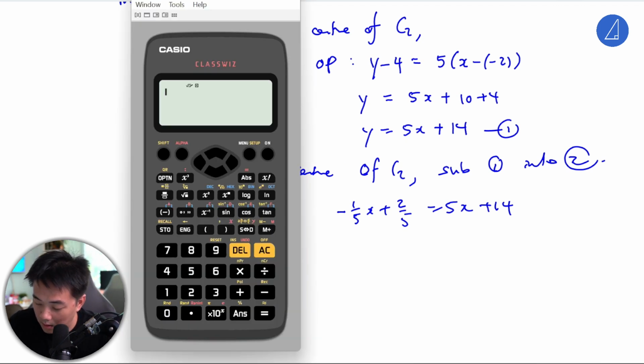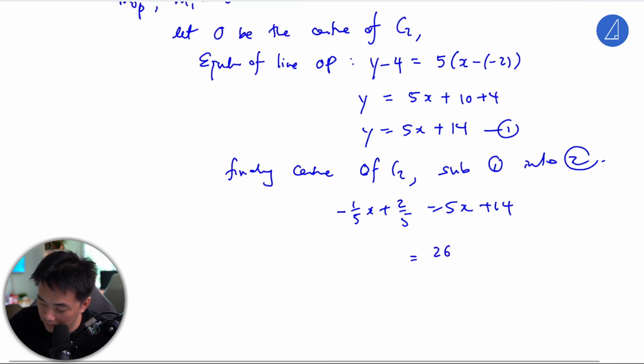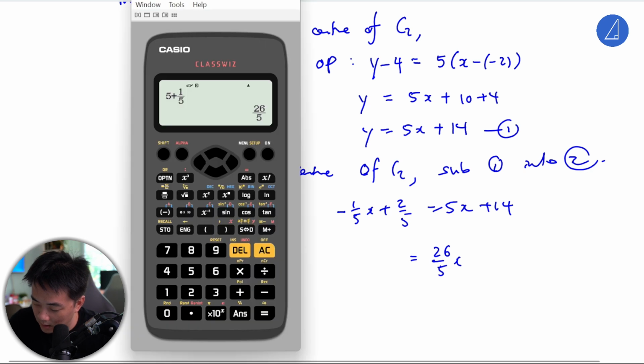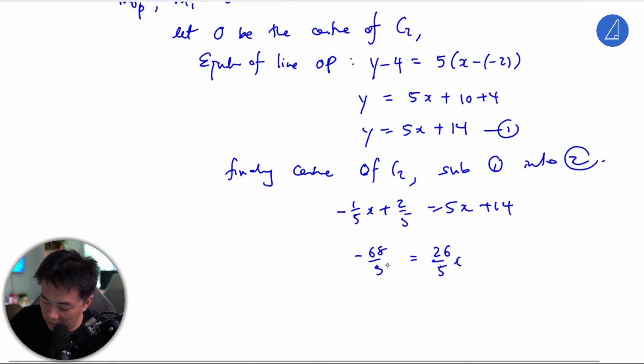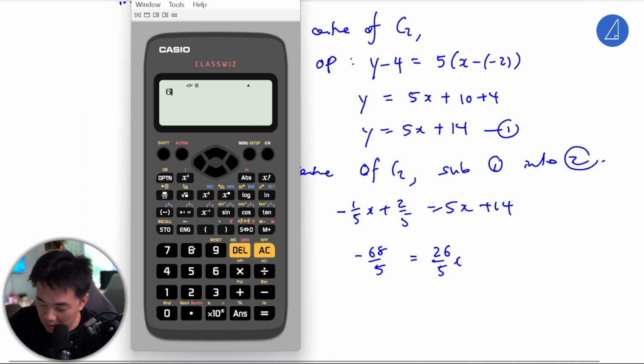Here will be 5 plus 1/5, 26 over 5. Then 2/5 minus 14 will be -68 over 5. That will be 68 over 26.